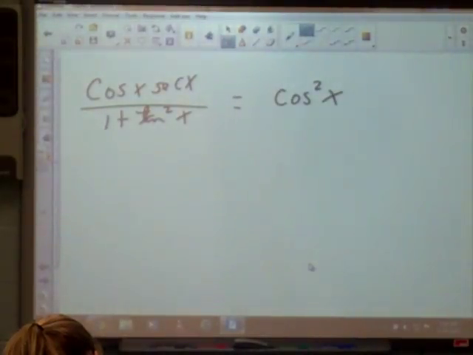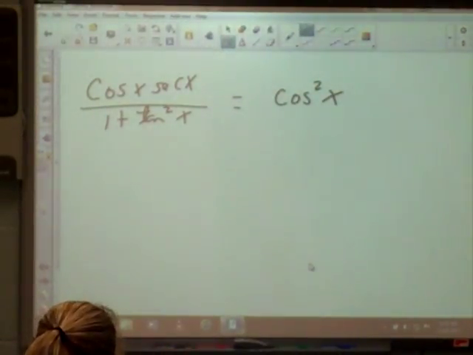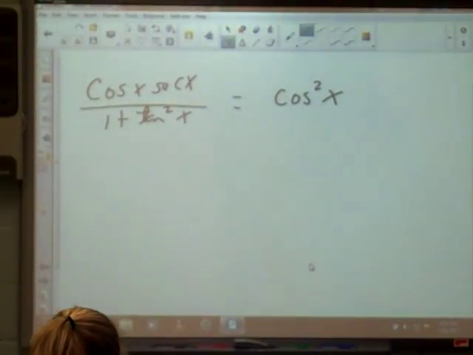Alright, everybody ready? You could potentially start somewhere other than where I start and still get the same deal. Those squareds and ones always grab my attention. So on that denominator, I'm looking at the Pythagorean identities there.